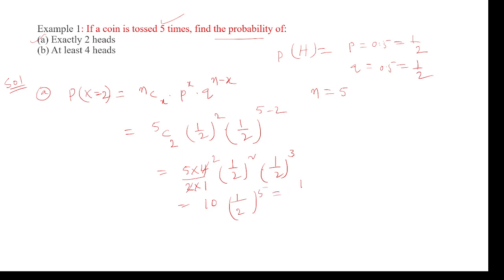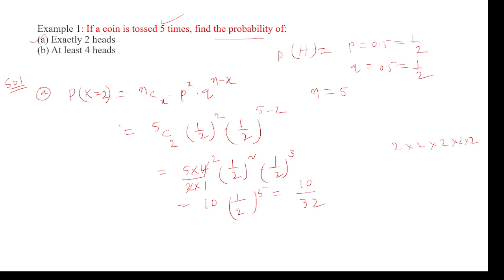So that is 10 by 2 power 5, which is 2, 4, 8, 16, 32. So 10 by 32 is the probability to get exactly 2 heads if you toss a coin 5 times.